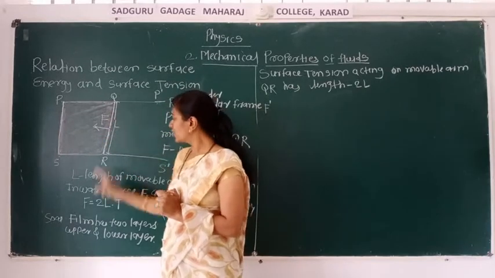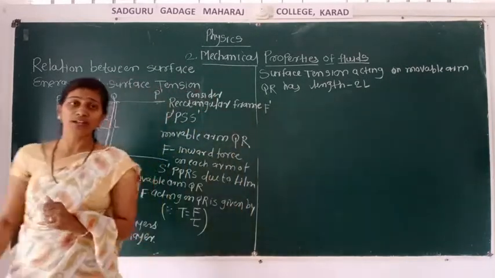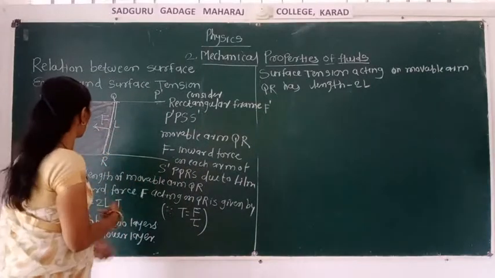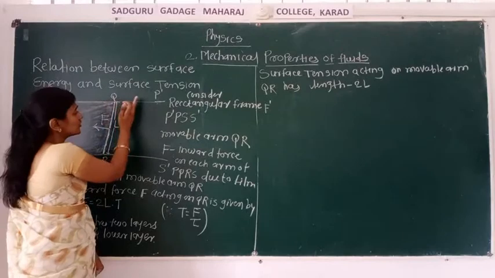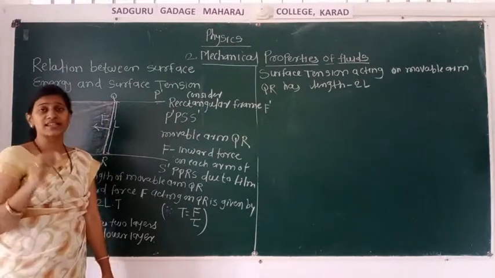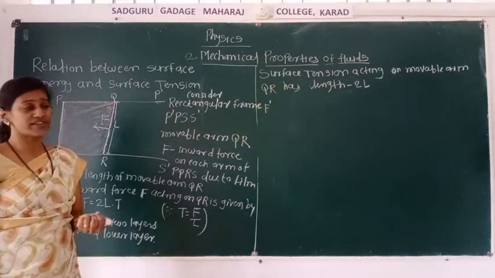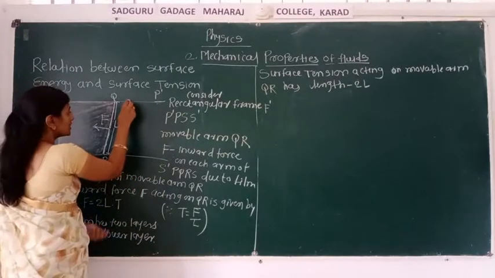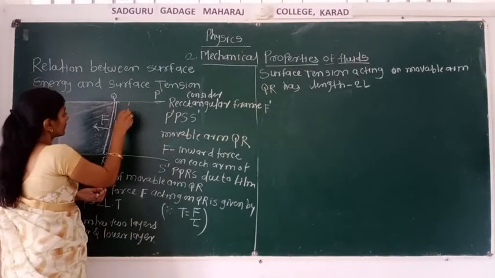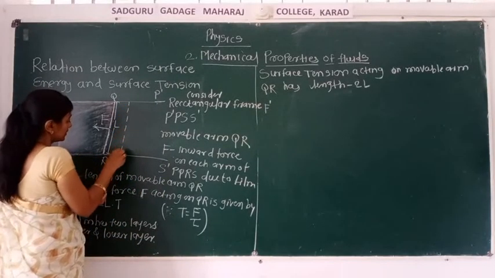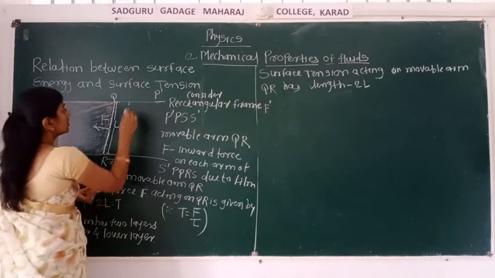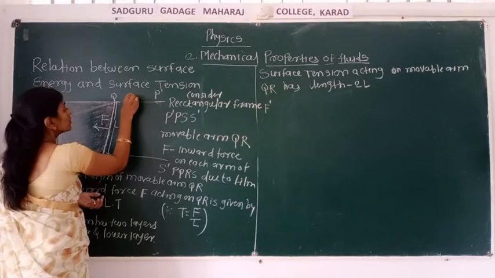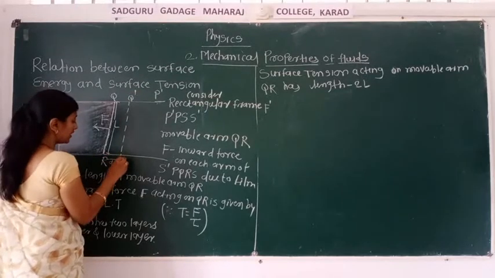Then the arm goes away from the PS and shifts this way, so there is an increase in the surface area. The arm shifts a distance dx and moves to the new position Q dash R dash.